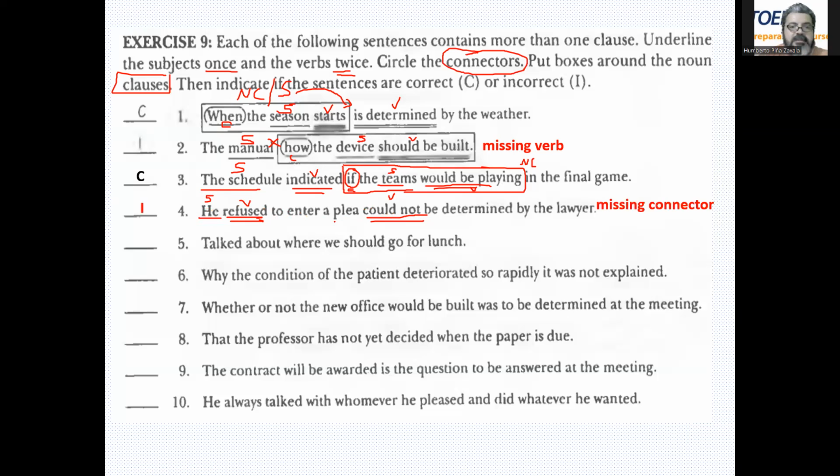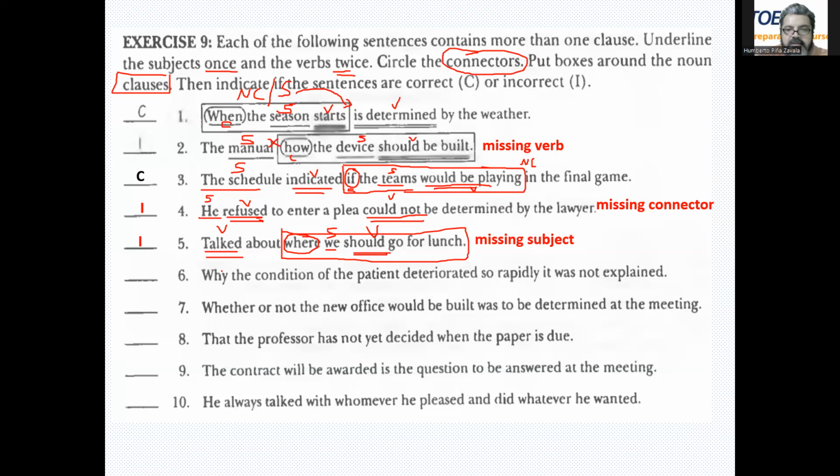So we're missing a connector here. "Talk about where we should go." Talk is the verb. So notice that we are missing a subject.